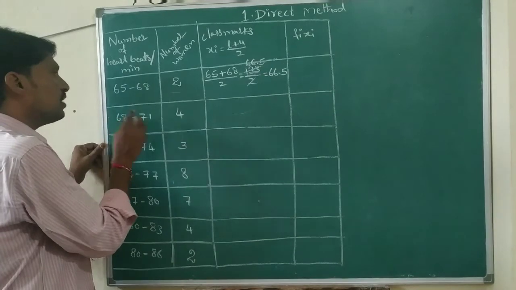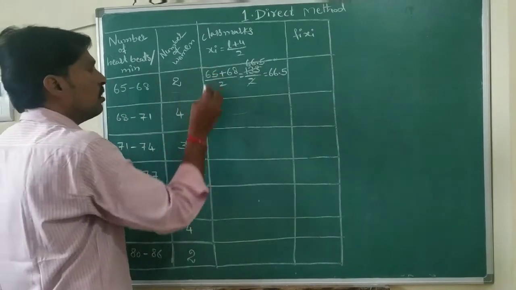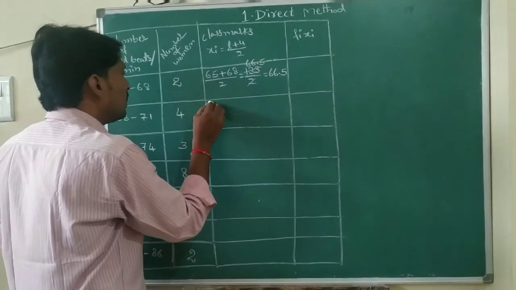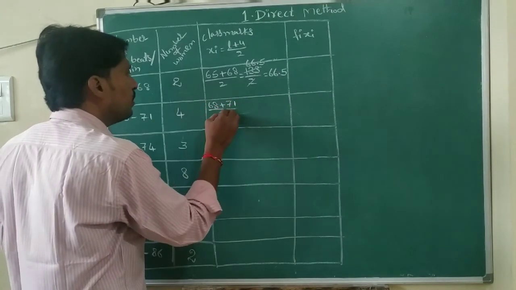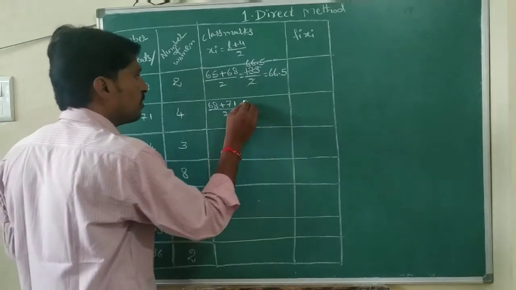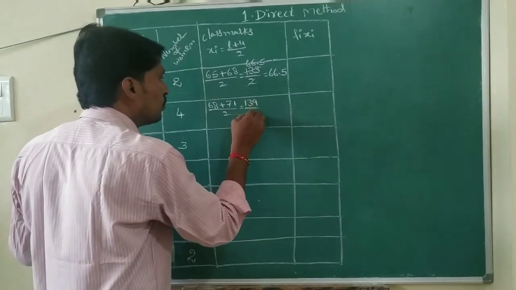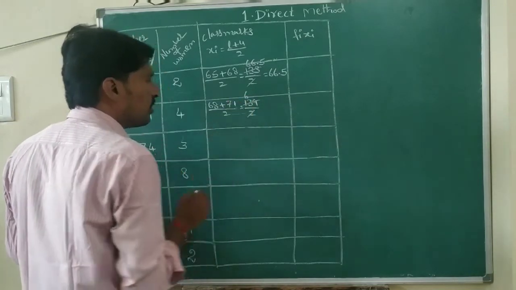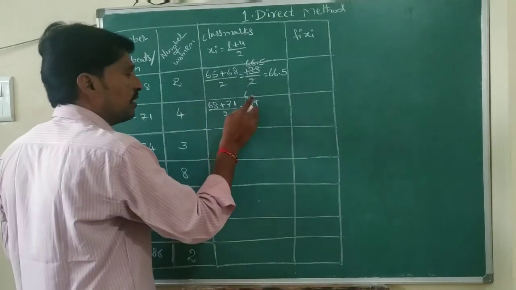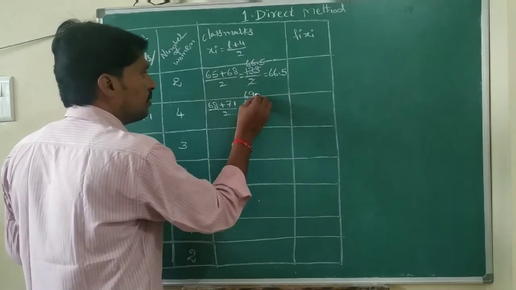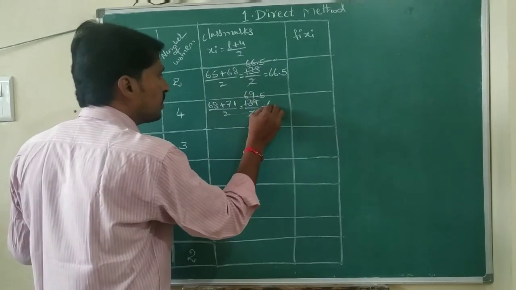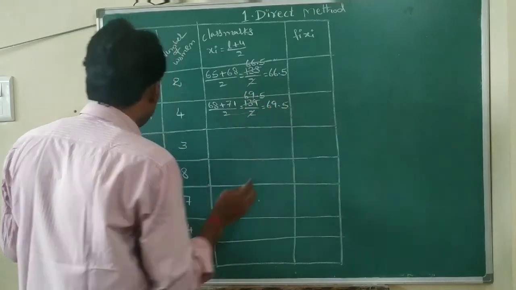Next class interval 68 to 71: 68 plus 71 is 139 by 2, which is 69.5.